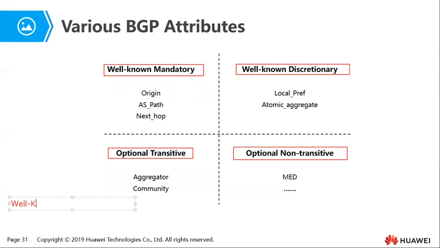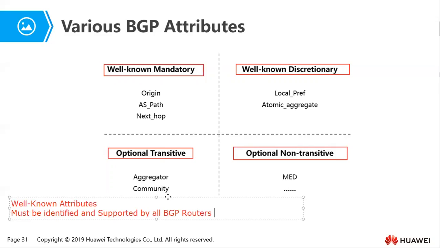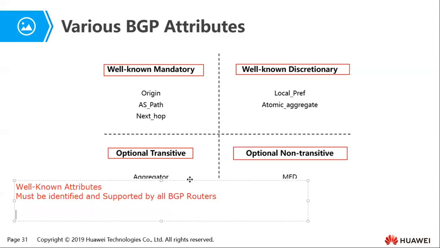Now, generally, well-known attributes must be identified and supported by all BGP routers. Then the second part is the optional attributes.